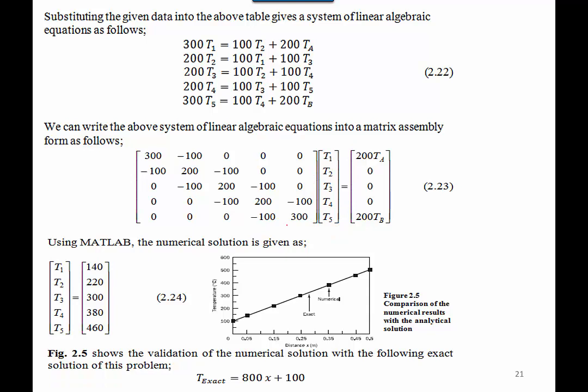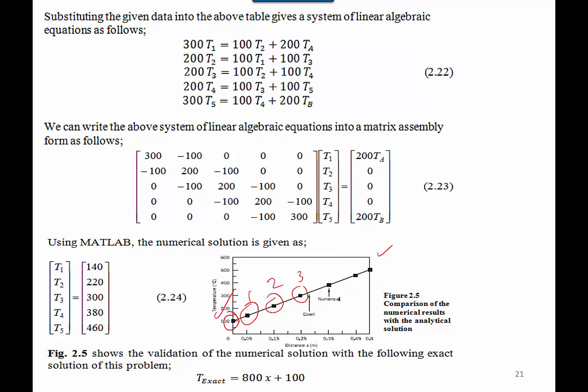As we see in figure 2.5, these black rectangles are the solution distributed at each point of our grid. And the terminal values are the boundary conditions. So since we have control volumes 1, 2, 3, 4, 5, and this one for the B, and this one for the A boundary condition.